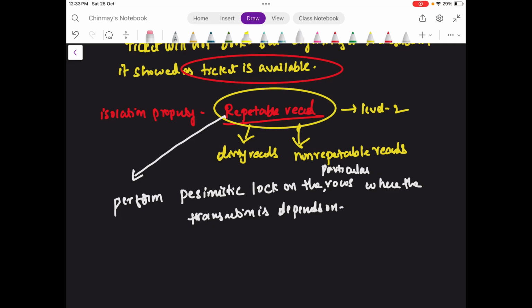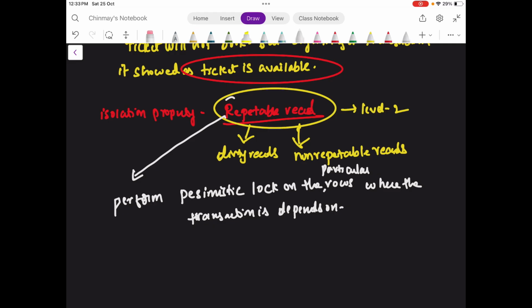Okay, this is one solution. When the transaction is performing, it locks the particular rows, so that another transaction waits until this transaction is performed on those rows. That's what repeatable read does.